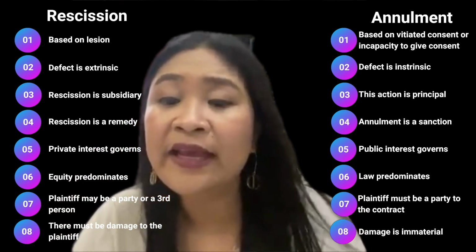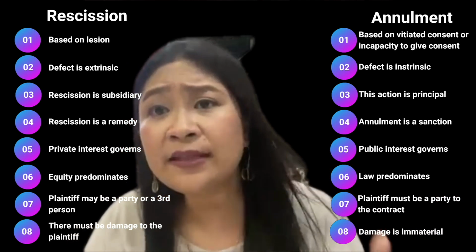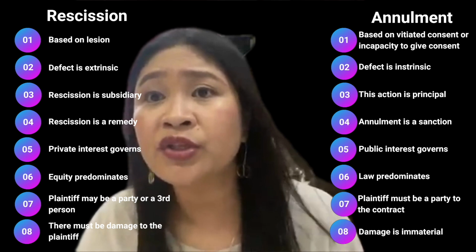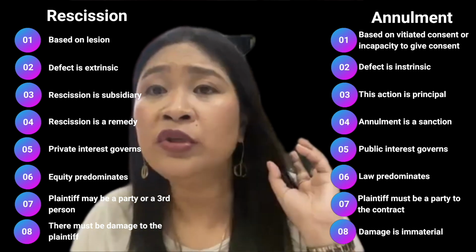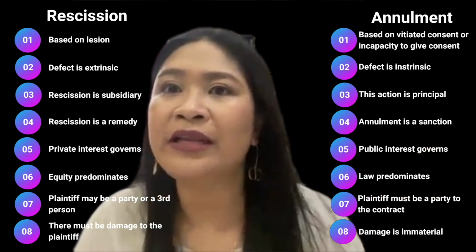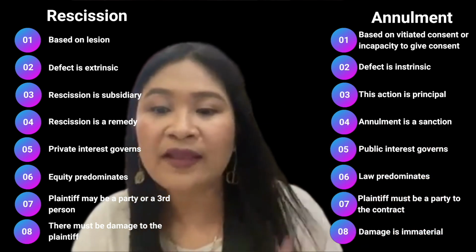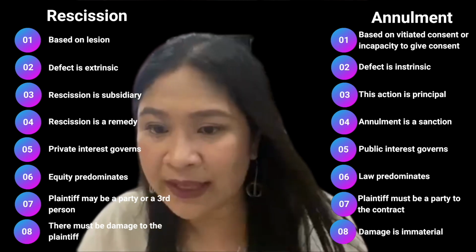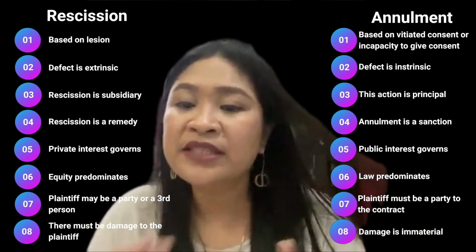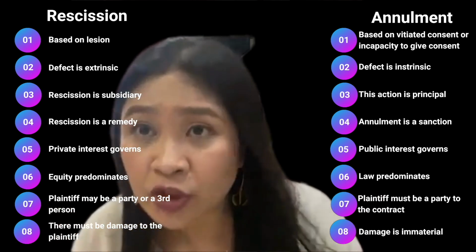Another difference is that rescission, as I've mentioned already in the last video lecture, is subsidiary. In other words, you use that remedy of rescission only after you've exhausted all other legal remedies available to you. While in annulment, that action is principal and not subsidiary. Rescission is a remedy, while annulment is a sanction.